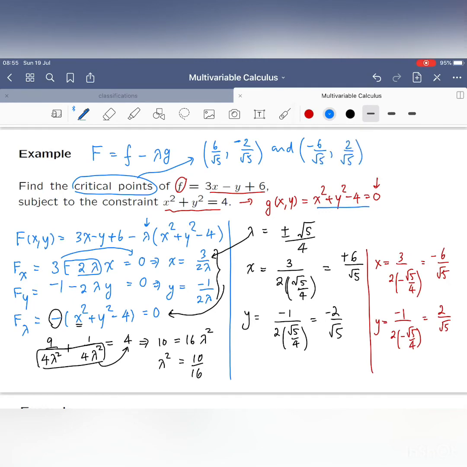This gives you only the critical points. If you want to know whether it gives you a max or min, you need to analyze further, or you need to have some physical or economical meaning attached.